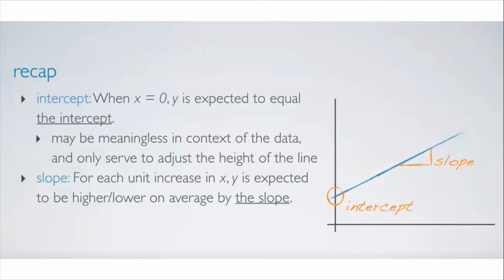Then we will go on with the conditions, the assumptions that make the linear regression unbiased or strong, and then we will discuss how to check these assumptions.